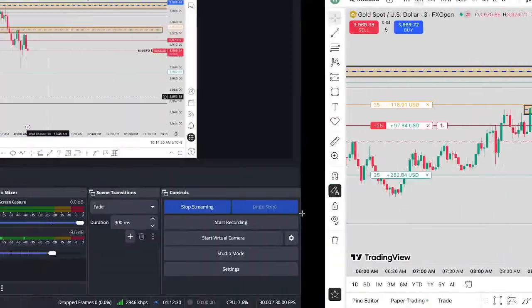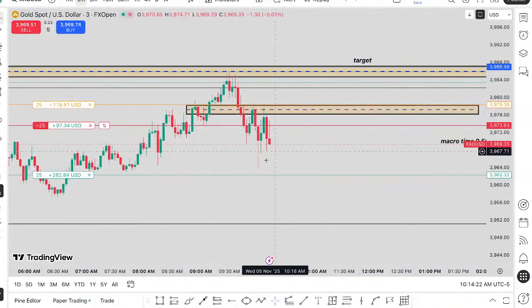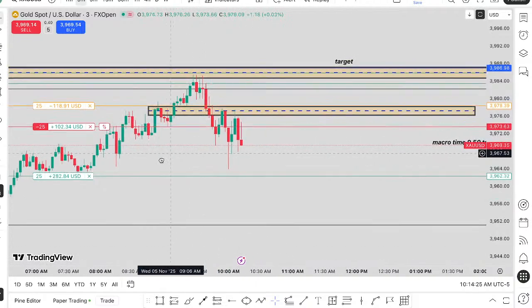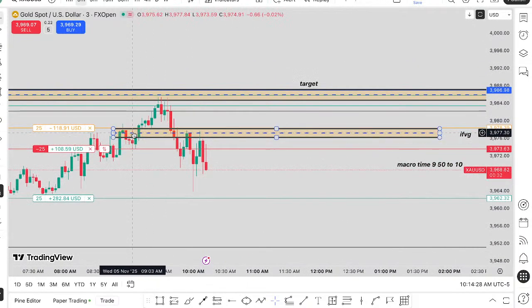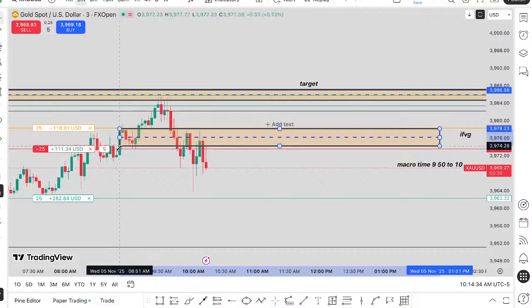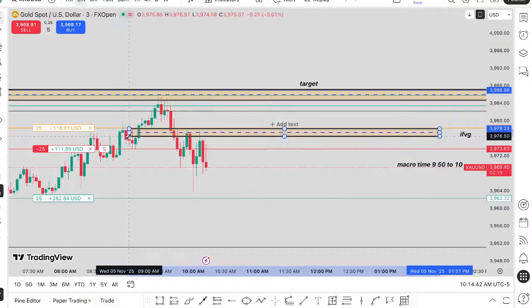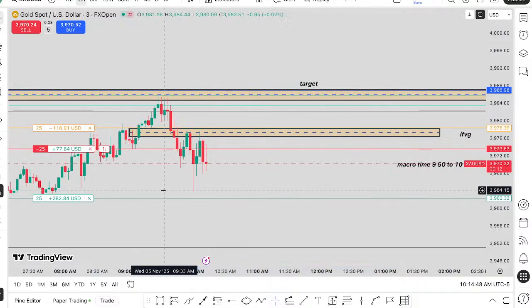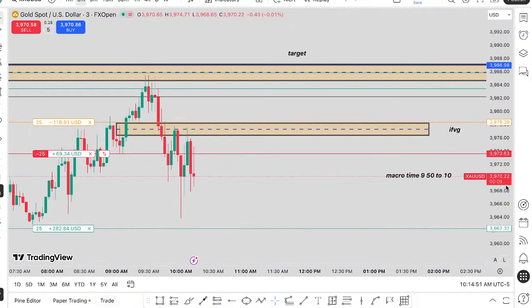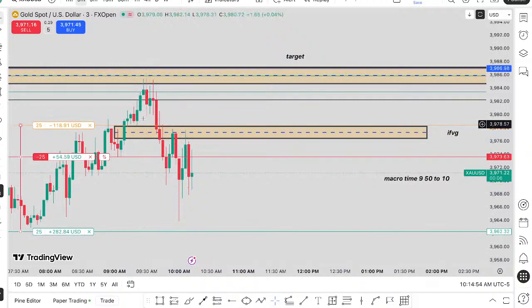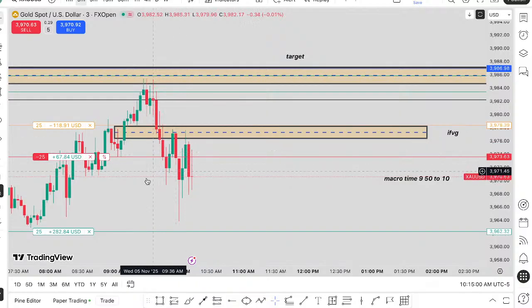So are we open? Mic, okay, it's open. So price didn't close above this breaker block, which is this. I mentioned the first presented fair value gap. And if you want to see after 9:30, you can look for it.